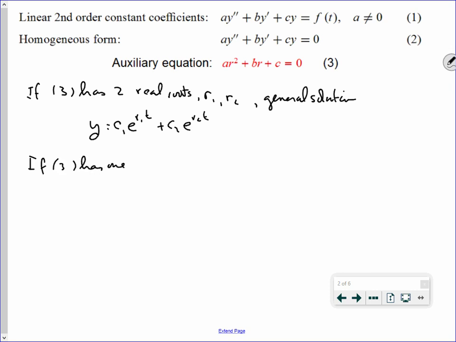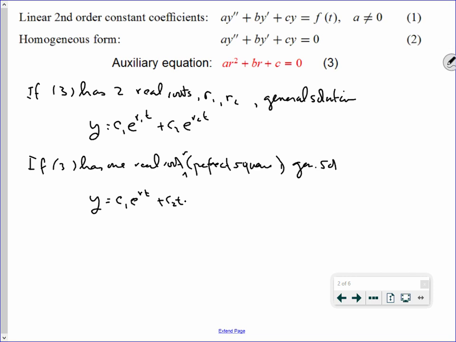If equation 3 has 1 real root, so it's a repeated root, in other words, it's a perfect square, the general solution is y equals C1 e to the rt plus C2 t e to the rt, where r is the repeated root.